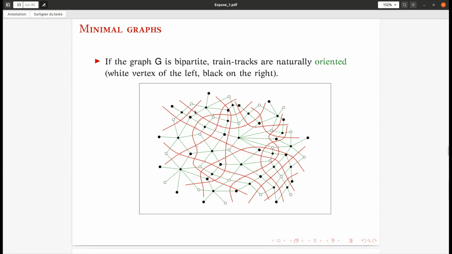When your graph is bipartite, you can consistently arrange your train tracks in such a way that you will always have white vertices on your left and black on your right. You shouldn't look at the diamond vertices because they're the ones of the dual graph. You look at the vertices of the original one, and you will always have a white vertex on the left and black on the right. So this gives you an oriented set of train tracks.